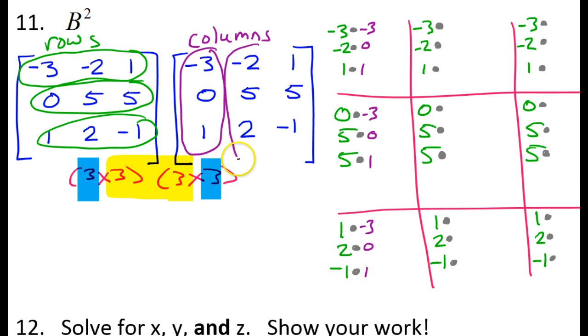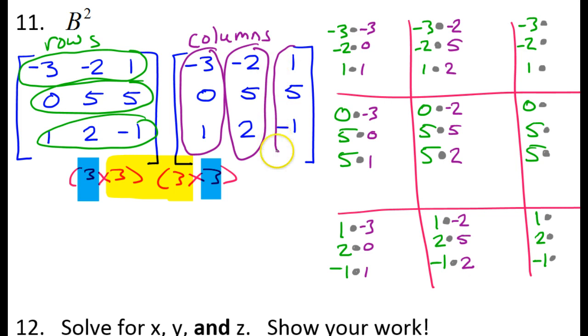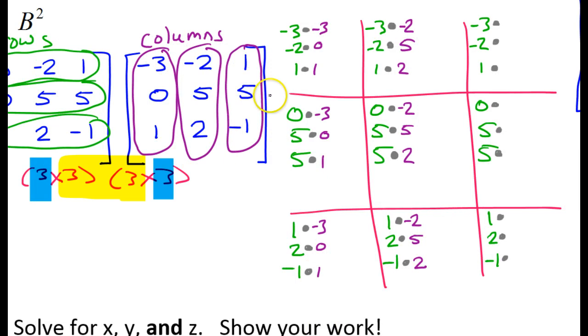Column 2 will go down column 2, so negative 2, 5, 2. And column 3 will go down column 3, so 1, 5, negative 1.